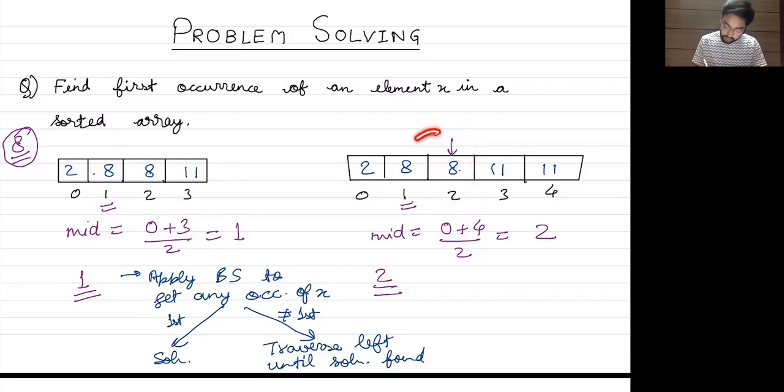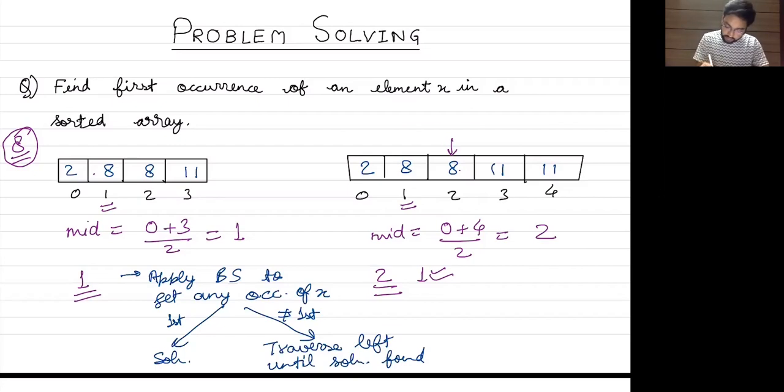Then you check the element on its left, which is also equal to 8, which means index 2 is not the first occurrence, so you start traversing on the left until the first occurrence is found, which is index 1. So in this case, again 1 is returned.